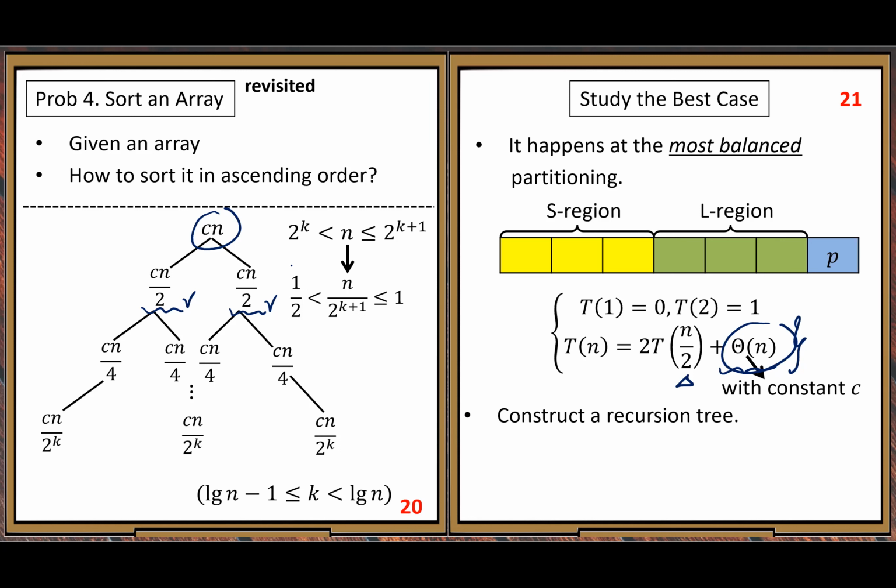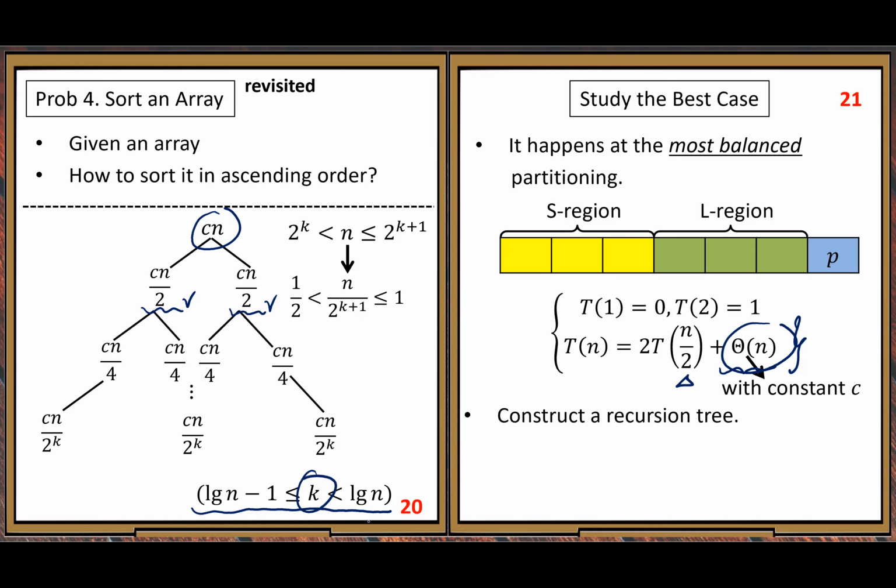When we reach the bottom, after this many k times split, we will reach the bottom. This k we can estimate between log base 2 of n minus 1 and log base 2 of n.